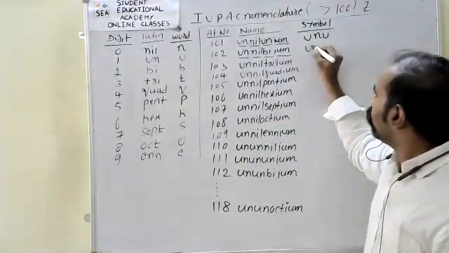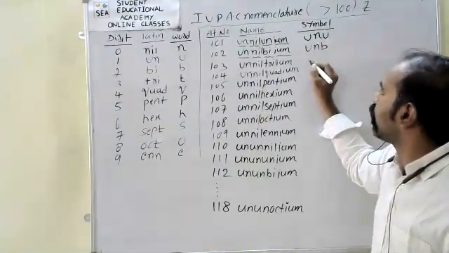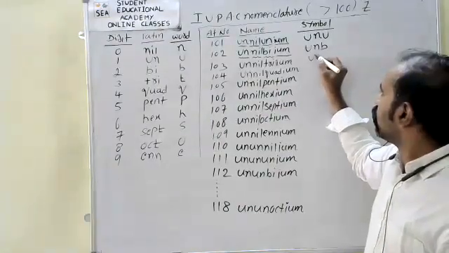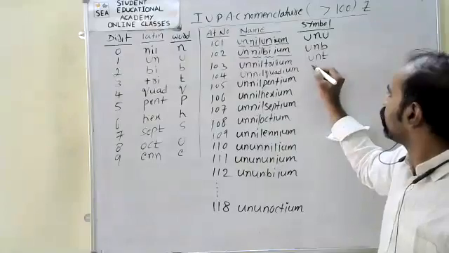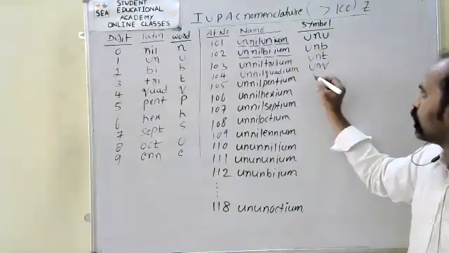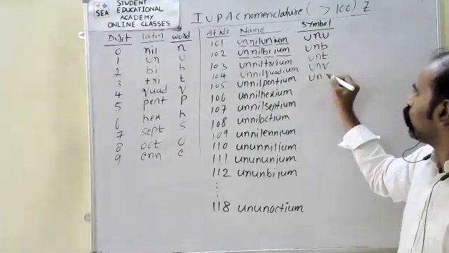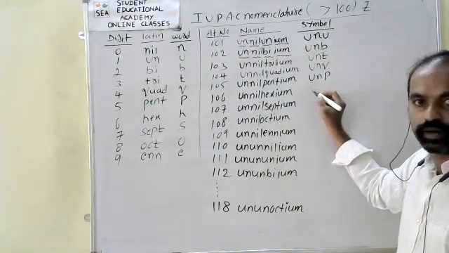UNB. Very good. Say 103 symbol: UNT. 104 symbol: UNQ. 105 symbol: UNP. 106 symbol: UNH.